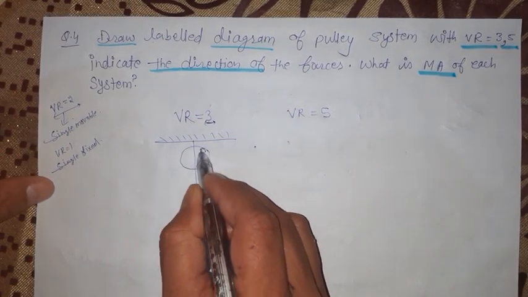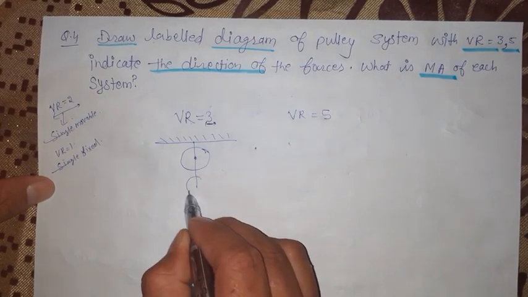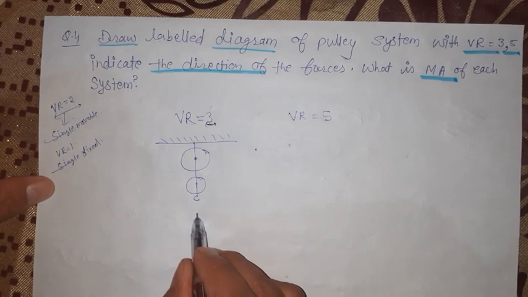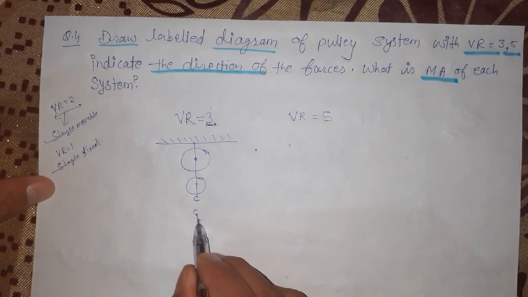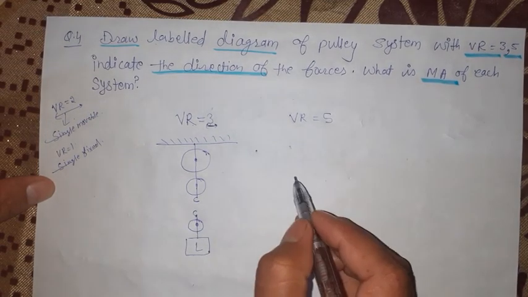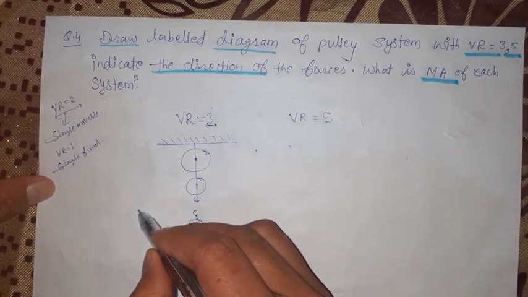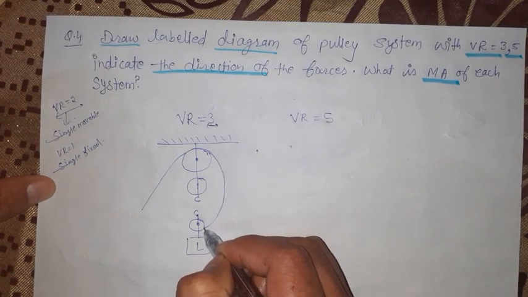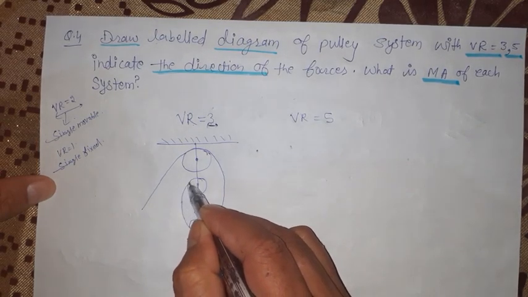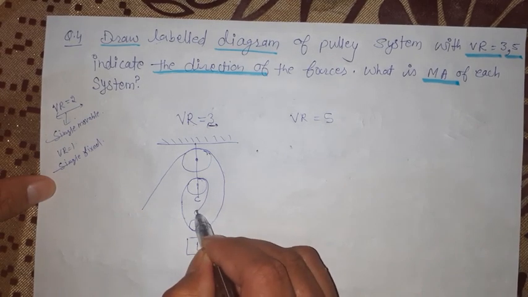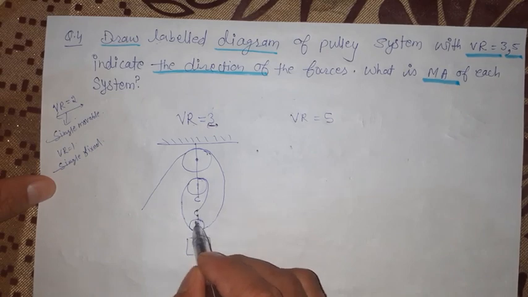So 2 pulleys in the upper block, then here is the hanger, and in the lower block there will be a single pulley, and here the load will be attached. Now we have to cover it. For covering, the uppermost will be covered first, thereafter the lower block pulley, once again the upper block, and finally it is going to tie with the lower hanger of the lower block.